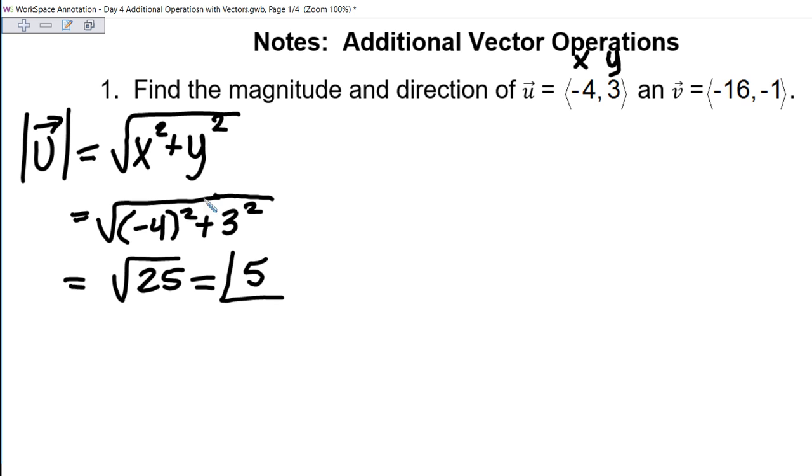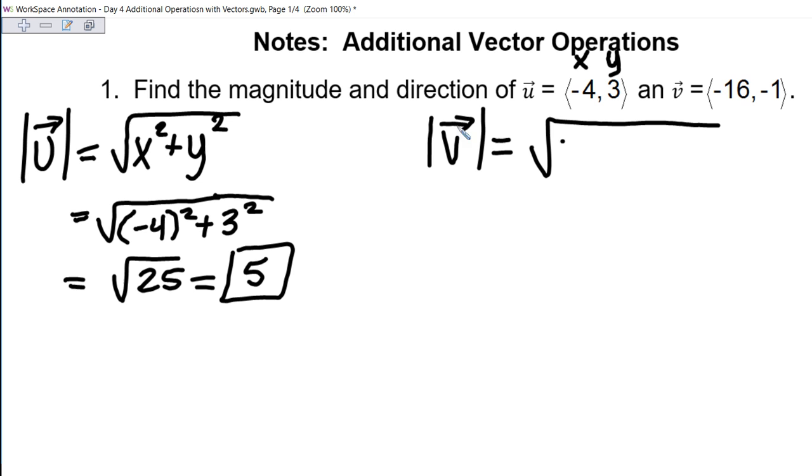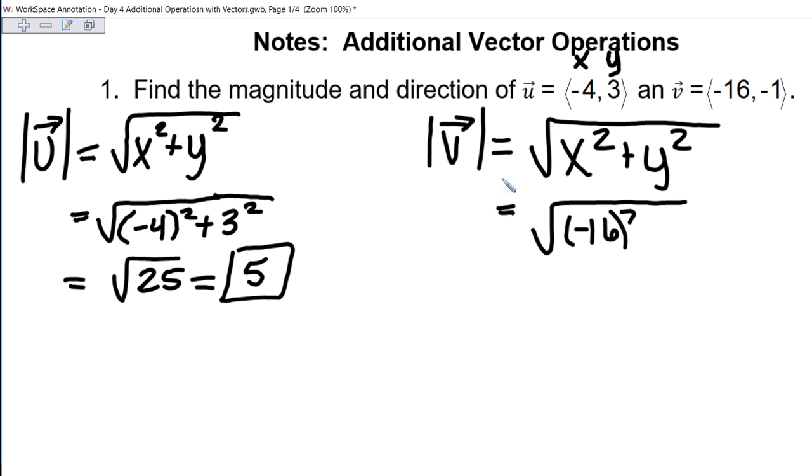Now, similar process for vector v. Finding the magnitude of vector v, the magnitude will be the same formula, square root of the sum of the squares of x and y. What do I use for x? -16, square it.